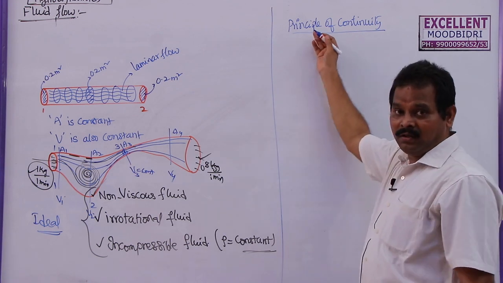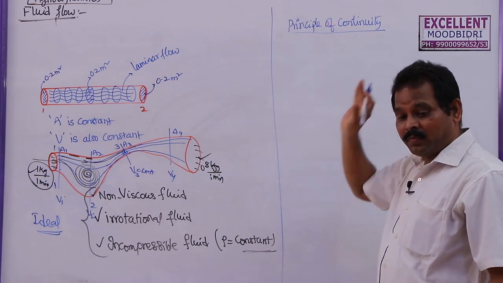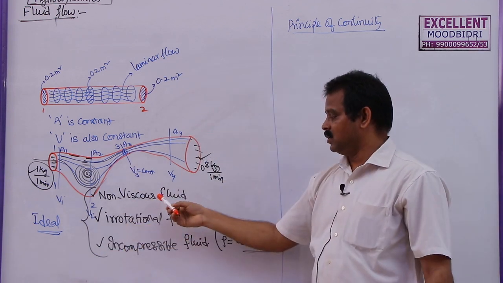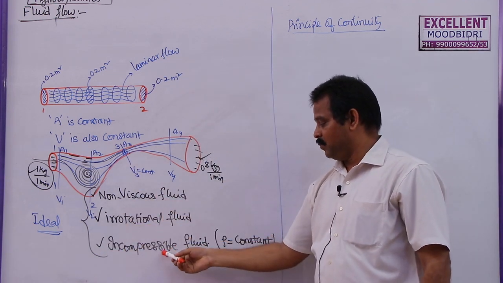So once again I am telling this principle of continuity can be applied only for an ideal fluid. So I am going to write for a non-viscous, irrotational, incompressible fluid.